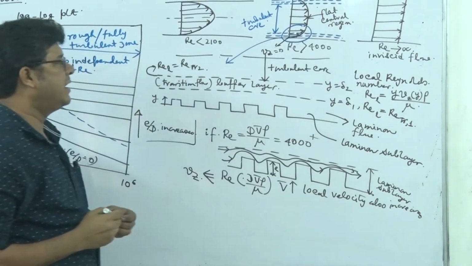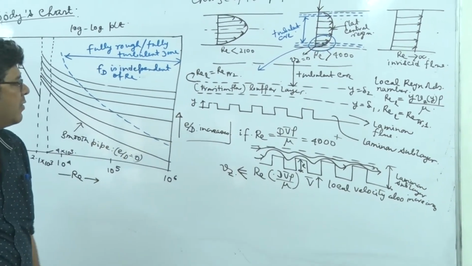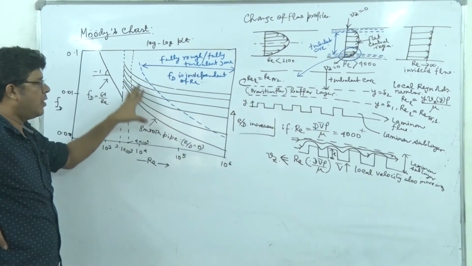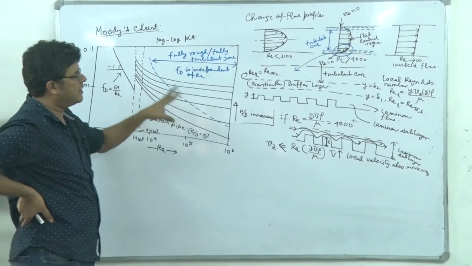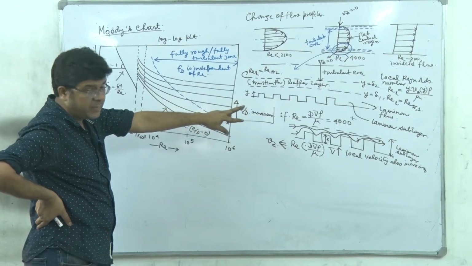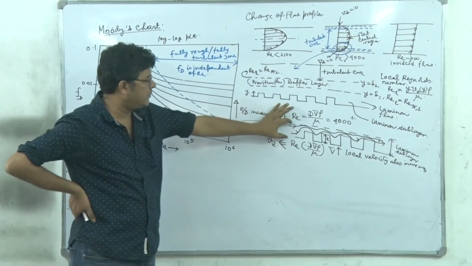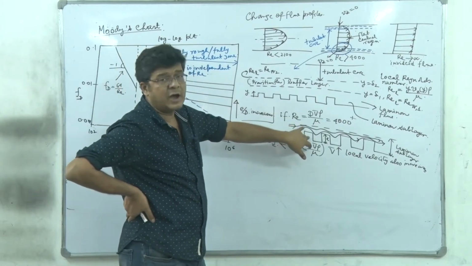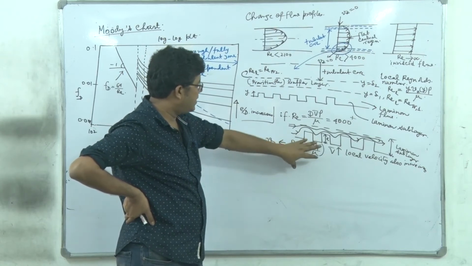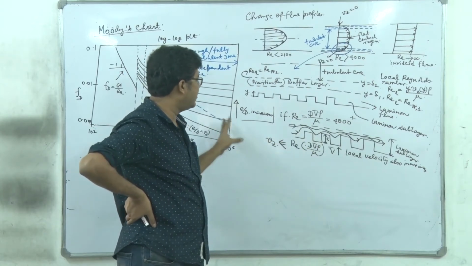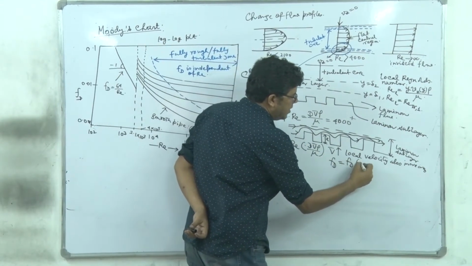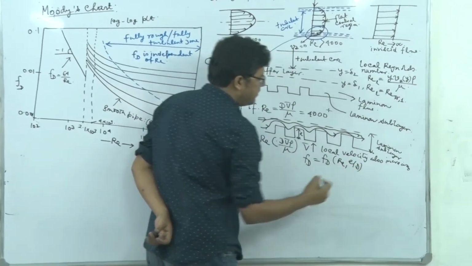The local velocity will increase as the average velocity or overall pipe Reynolds number increases, right? So that is the situation here, where all this roughness element is submerged in the laminar sublayer, and in this layer the flow is entirely laminar, and eddies have no access to the roughness element. Then Reynolds number and E by D both will determine the friction factor. So in this regime, Fd will be a function of Reynolds number and E by D, right?